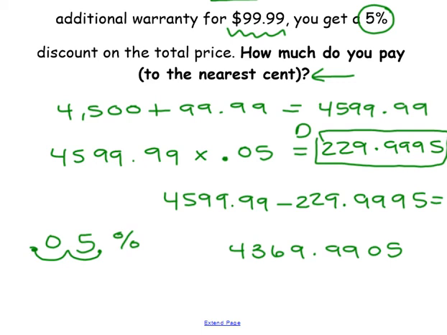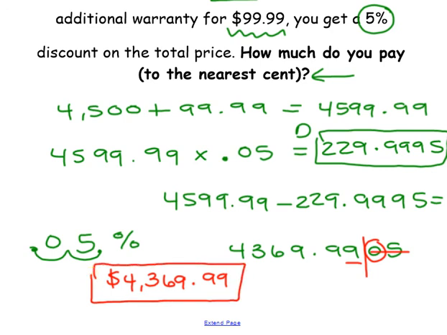This is the end, so this is where we round. Always to the hundredths place, put a stick after, circle the next number. It's a 0, which means our underlined number stays exactly where it is. So our total sales price is going to be $4,369.99.